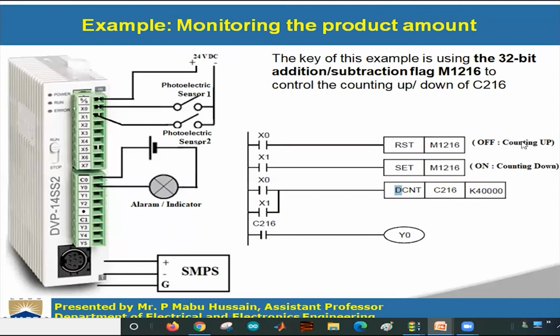X0 on, M1216 off, counter up. So now here X0 is on, so this counter C216 value will be incremented by 1. Similarly, whenever sensor 2 is on, the M1216 flag register will be set. That means it will be on, and the counter will count its value down by 1.